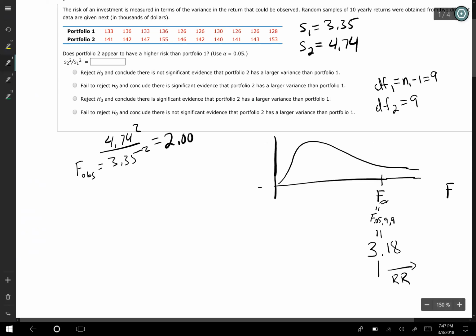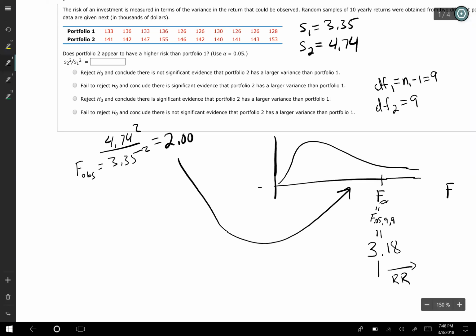Okay. Let's look at the F table. Make sure we got it.